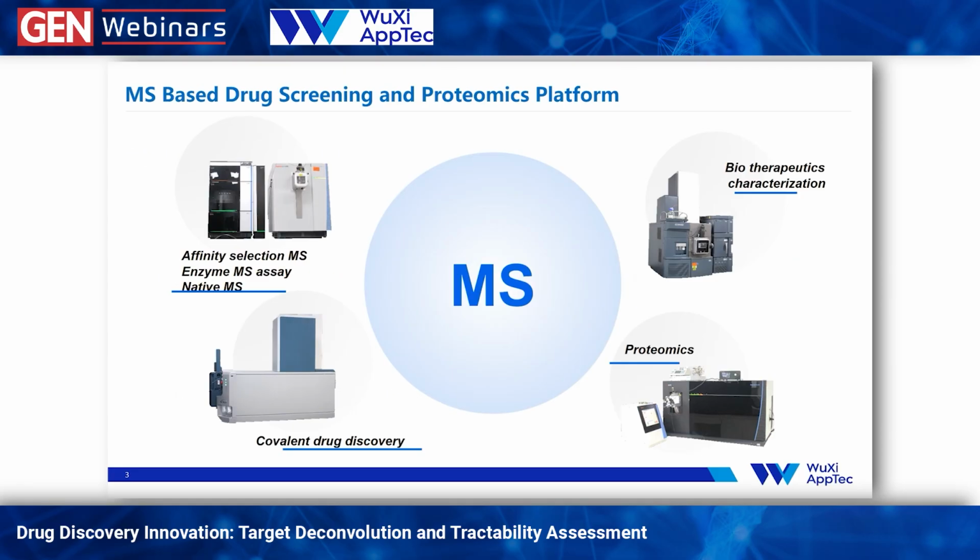Today, I will discuss MS-based drug screening technique and proteomics techniques, also their application in drug discovery. I will also present some internal case examples on drug screening and drug target deconvolution using chemical proteomics technique.